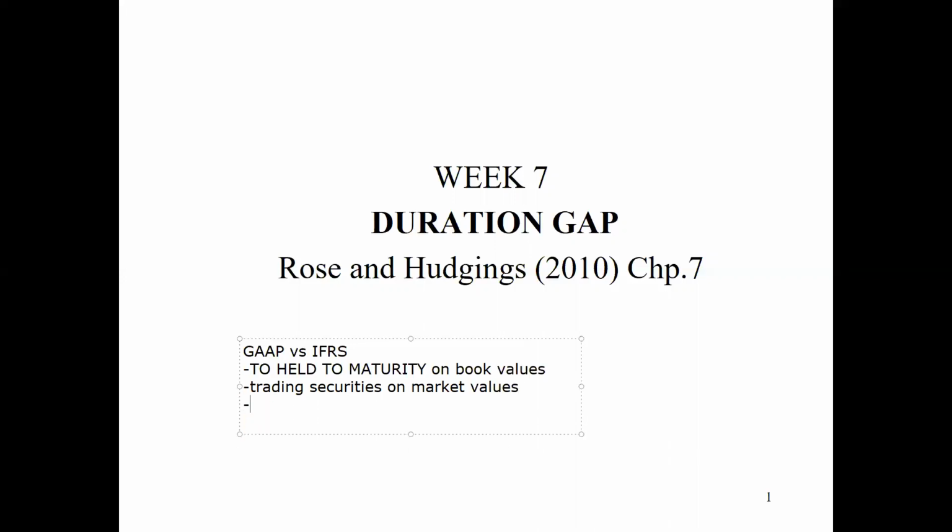But when it comes to available for sale, according to IFRS, you can record on book value or on market value. But GAAP says you can record only on market value. So it changes. According to IFRS, it's more flexible. You can recognize your purchased or sold investments on market or book value. So this is what it means.